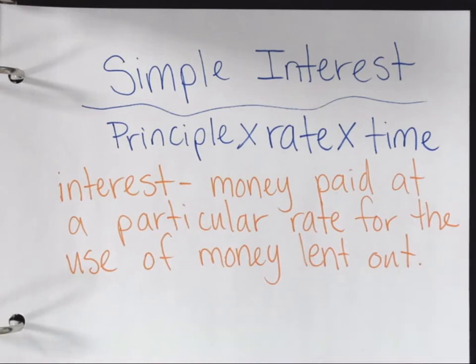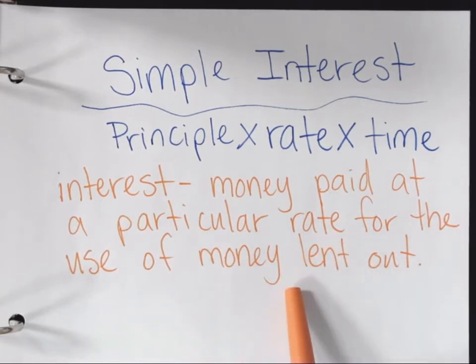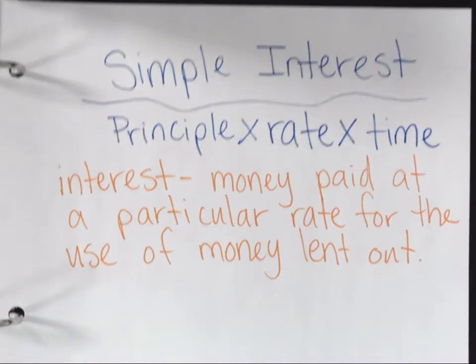She might say you owe me 10% interest. So 10% would be the rate of the money that I have to pay her back on the money I lent out. So 10% of that $25 I will have to continue to pay her back each time, maybe each month. So that's the general idea behind interest.